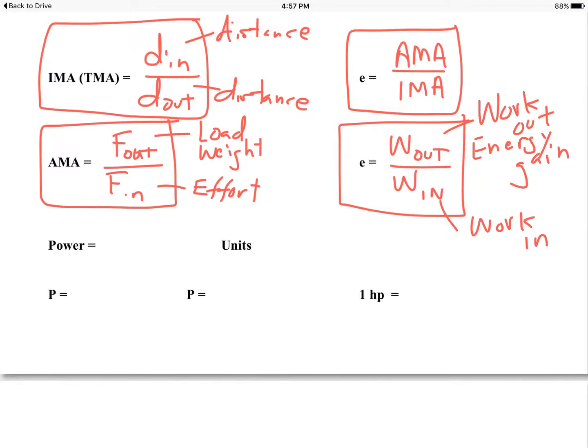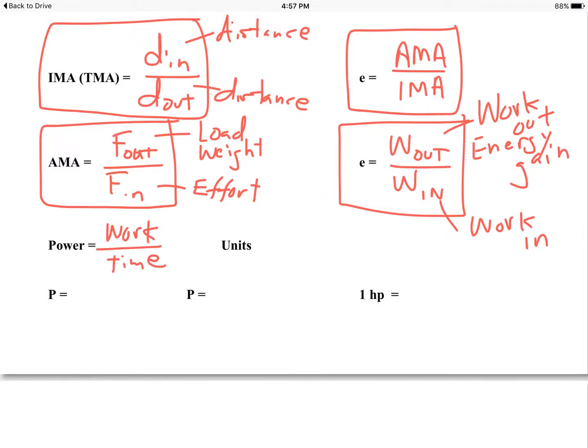But one more thing I would like to define as we're going along here is power. Power is equal to your energy or work divided by the time.